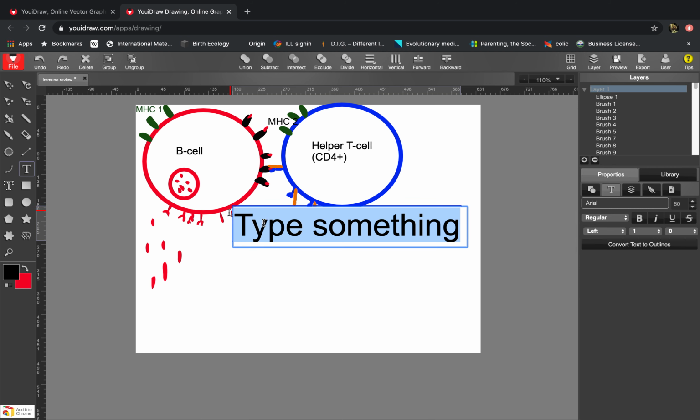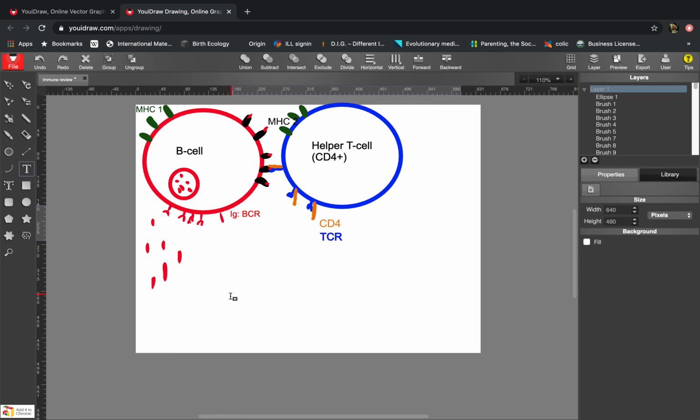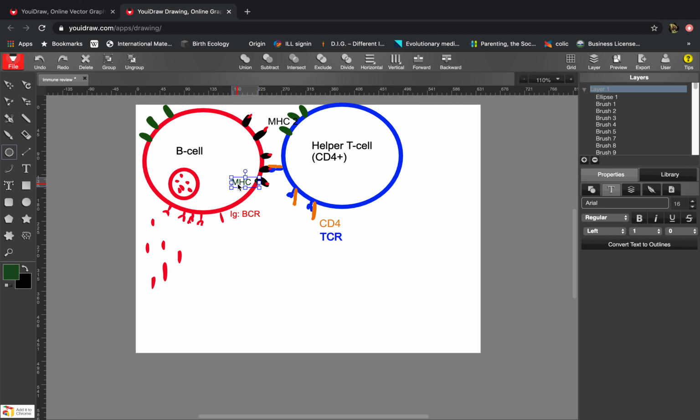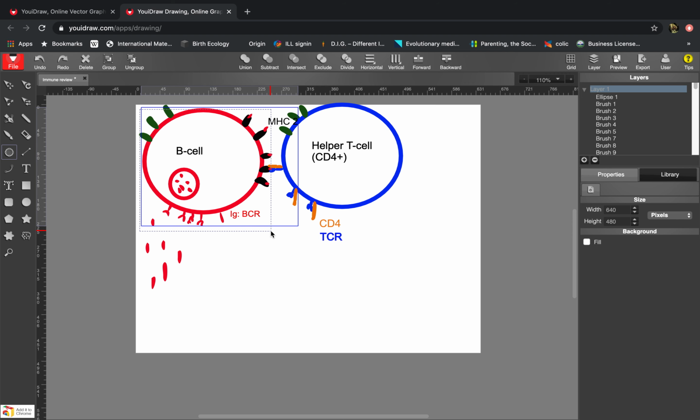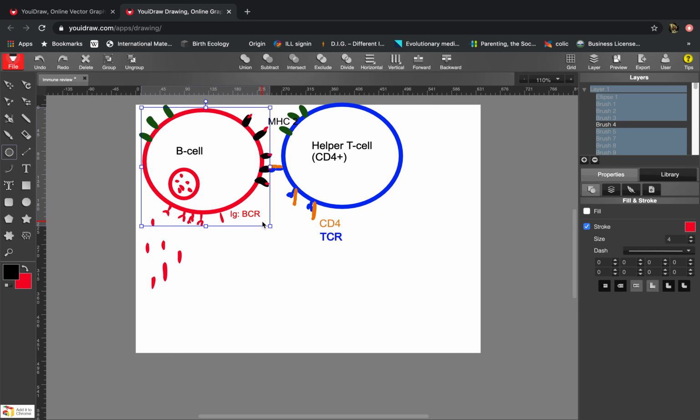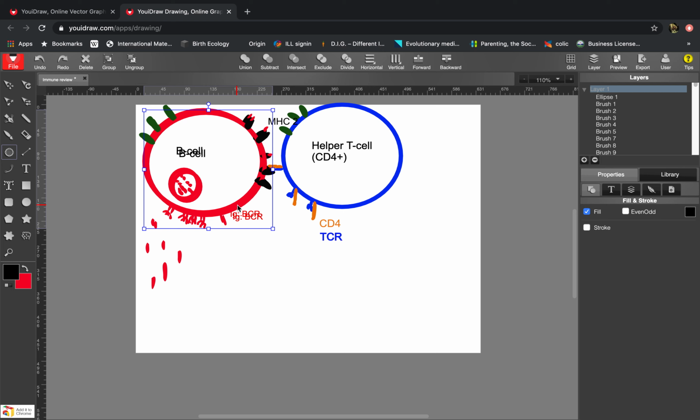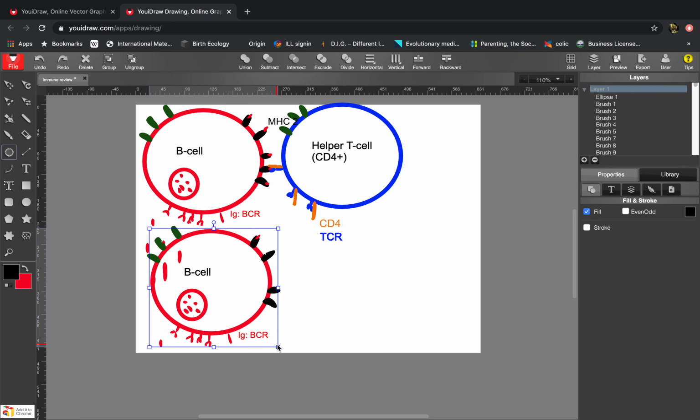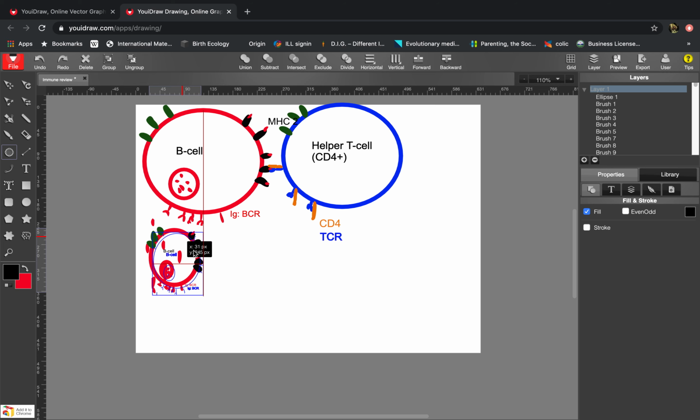So if I were to try to draw that, let's make this small now. Here's a small daughter.